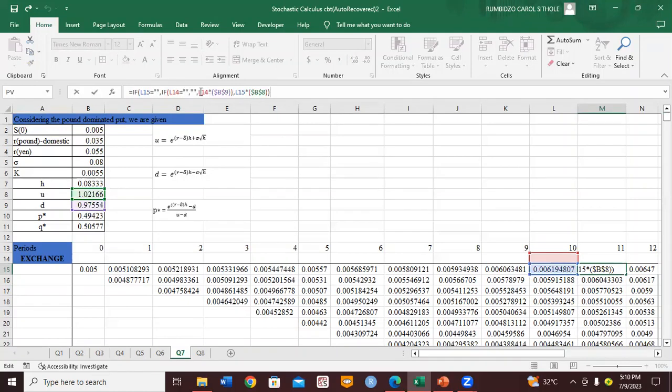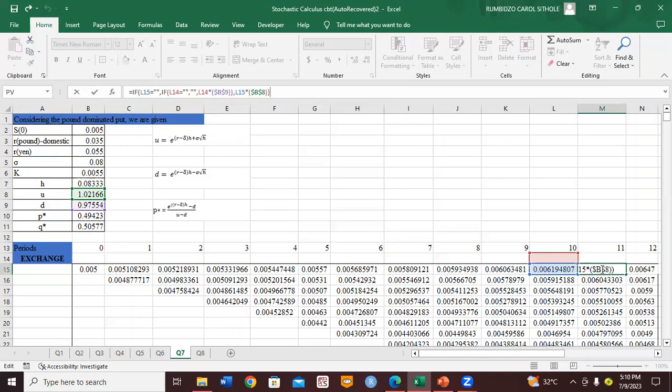And then if not, it will multiply L14 times B9, which is your D, and L15 multiplied by your B8, which is up. So that is kind of like the exchange at period 10 multiplied by D and multiplied by U for you to get this figure.